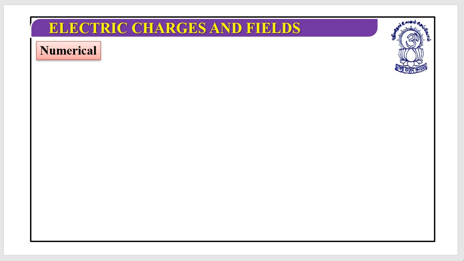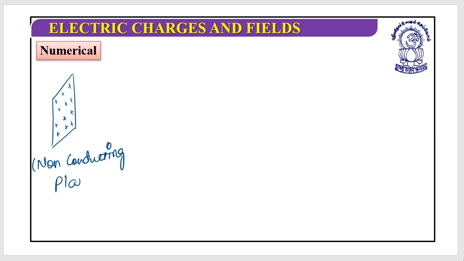Let's say, suppose a certain plate is given and this is a non-conducting plate. One thread is there and one bob is there.